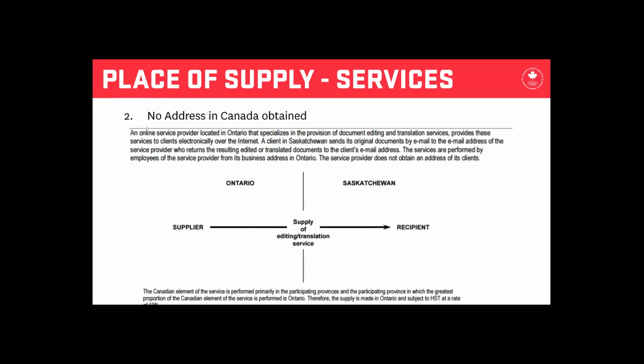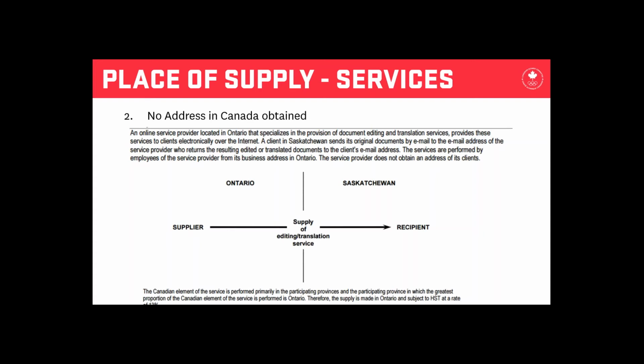So this is an online service provider located in Ontario, specializing in document editing, and for our case, probably most relevant for translation services. And this is, again, a real-life example where we could potentially be charged incorrectly.